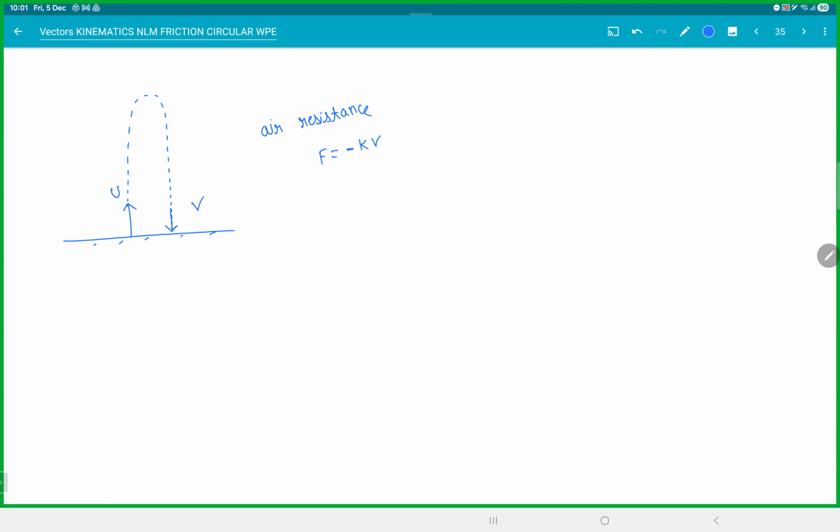So the particle is projected with U, gravity is also there, and it comes back with V. Find the time of flight.